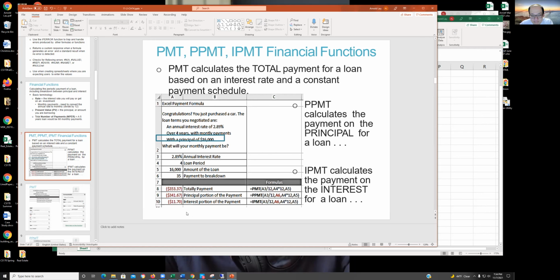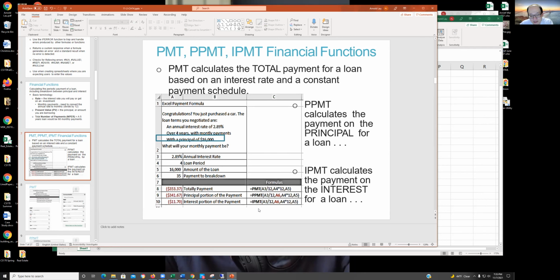So this is pretty standard loan calculation stuff. Just remember, the regular PMT is your total payment, right up here. And if you see the same PMT but there's a P or I in front of it, then you're talking about the principal or the interest.